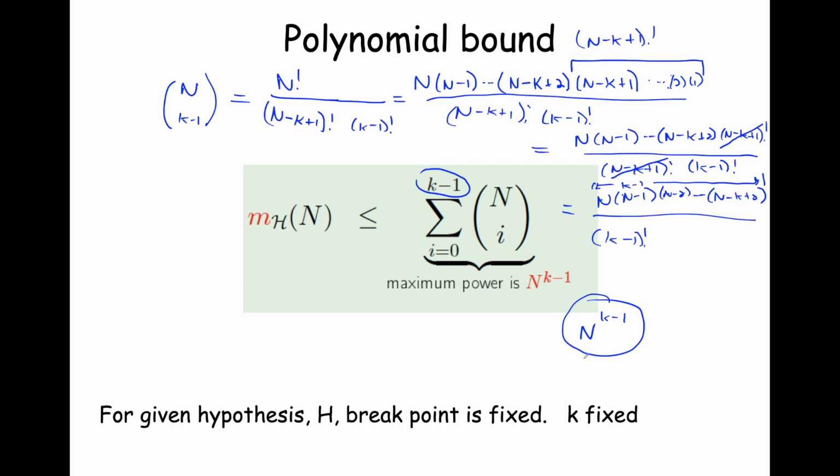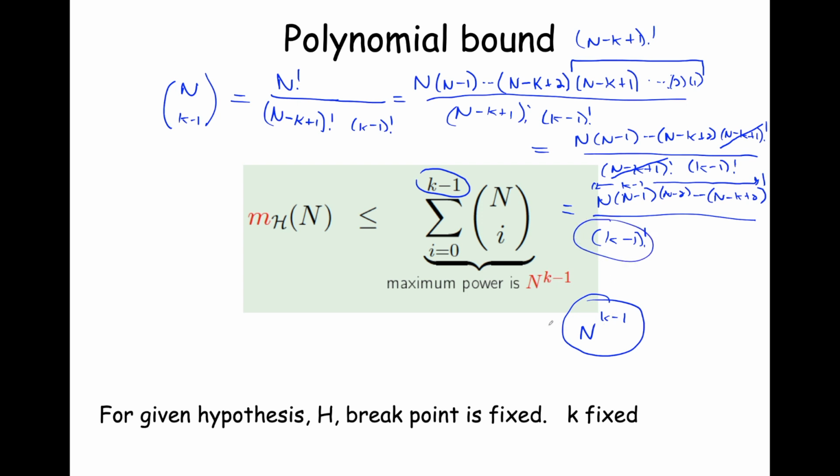You could cancel other terms with this k minus 1, but you can think of it as a constant because we've already canceled out all of these terms. If n is large, these terms will dominate the denominator, and because k, the breakpoint, is fixed, the denominator is a constant.